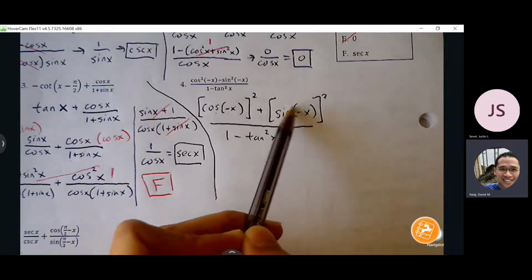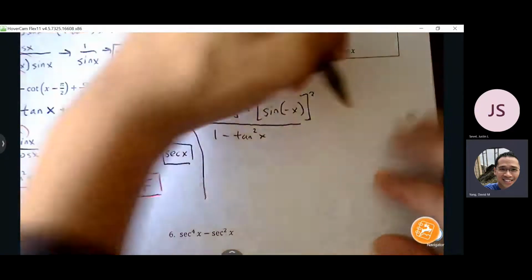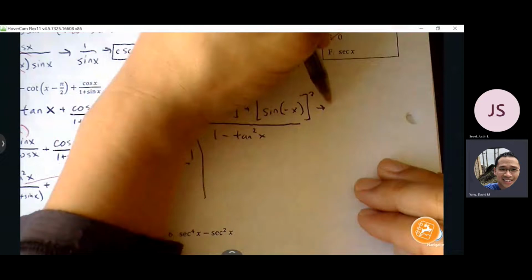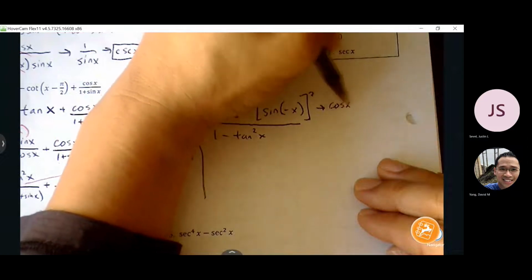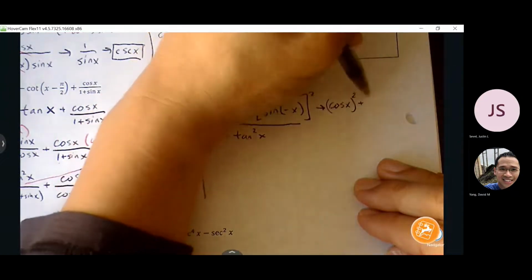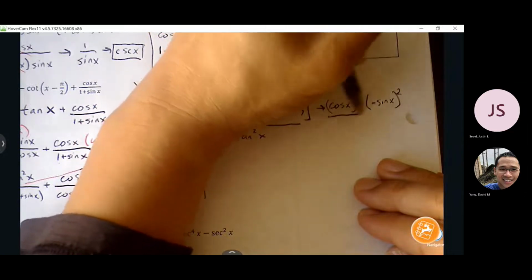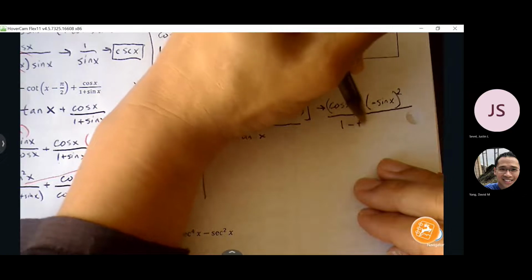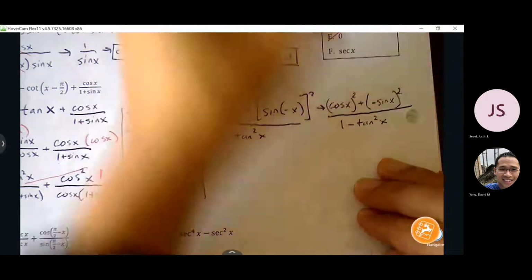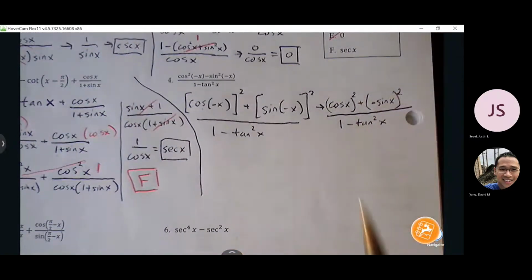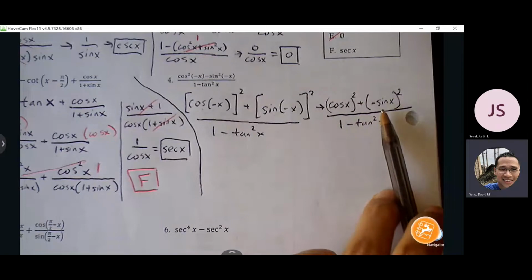Sine is odd, so the negative gets pulled out, but the squared is going to force it back to positive here. So negative sine times negative sine is positive sine.